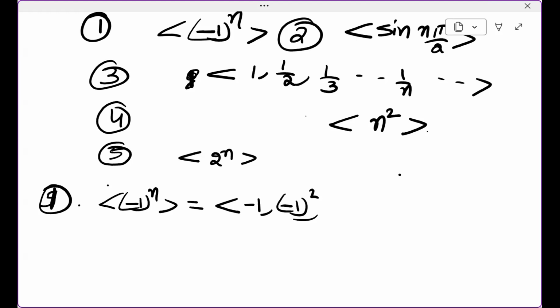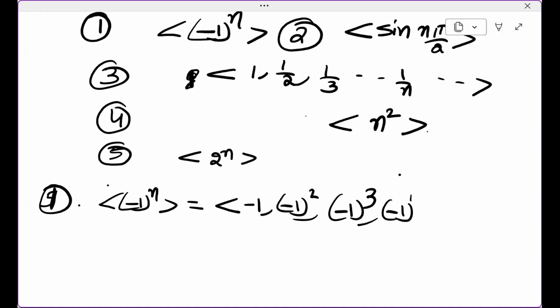Generally, students are of the impression that when something has a power n, they think it is bounded. So in the previous question, we have discussed (-5)^n. This is bounded, whereas (-5)^n is unbounded, neither bounded below nor bounded above. So don't think that because something to the power of n is there, it will be bounded. Some are bounded, some are not bounded, depending on the number inside. So here (-1) cube and so on.